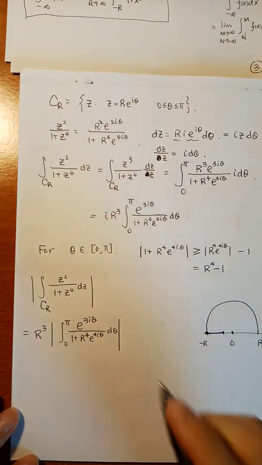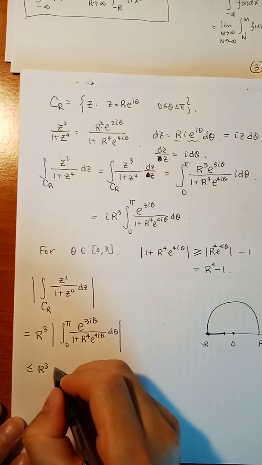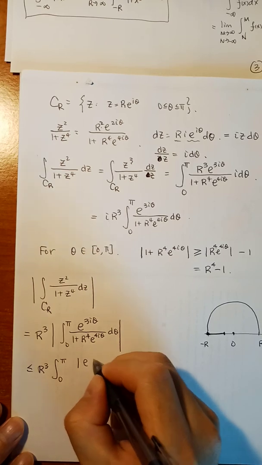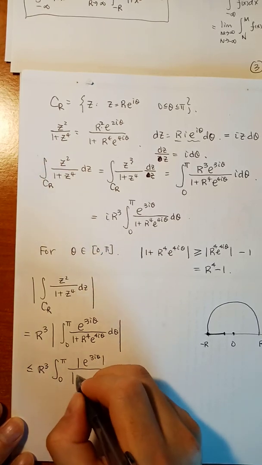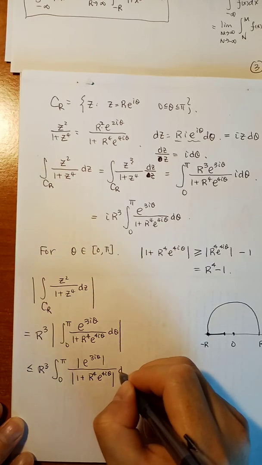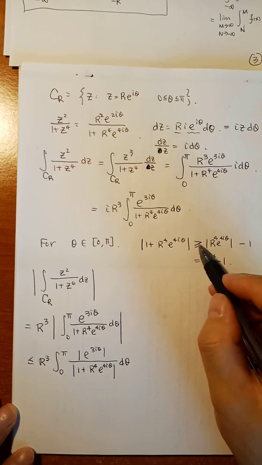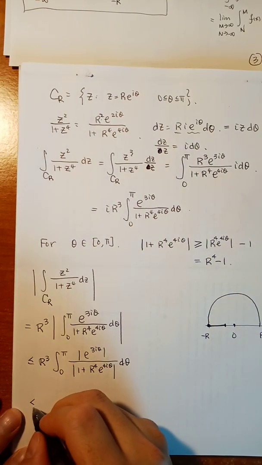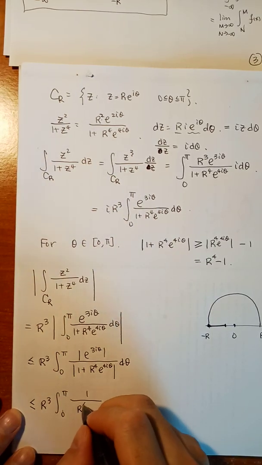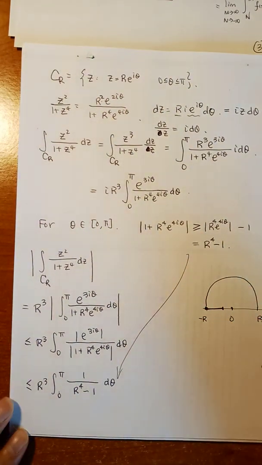Then you put the absolute value into the integral, and you get it less than or equal to the integral of the following. The numerator is 1. For the denominator, since we want less than or equal to, the denominator should be greater than or equal to R to the 4 minus 1.